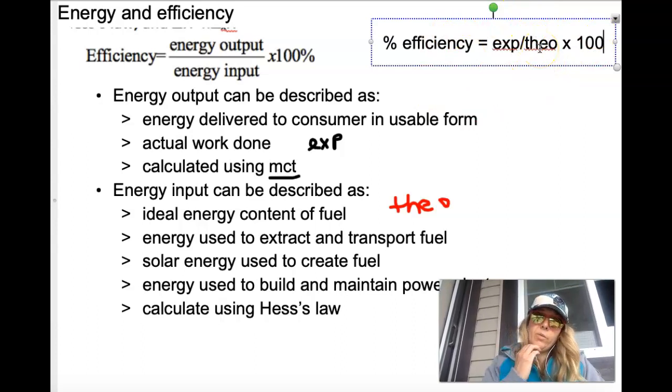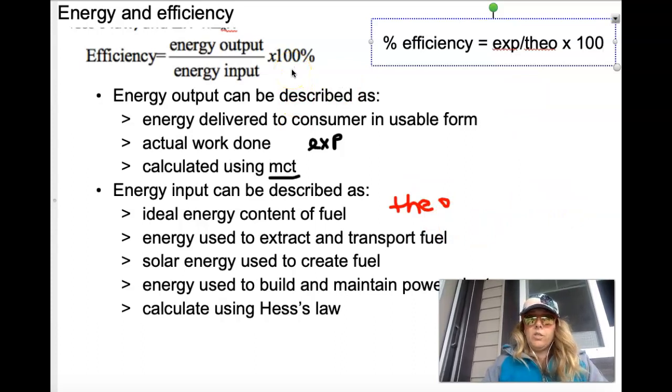It can be helpful to relate it to that, because you should already be familiar with percent yield from last year, so it's not a whole brand new equation that you have to learn. Efficiency questions are really massive calculations, because they require you to use calorimetry data to calculate an experimental value, and theoretical data to calculate the theoretical value.